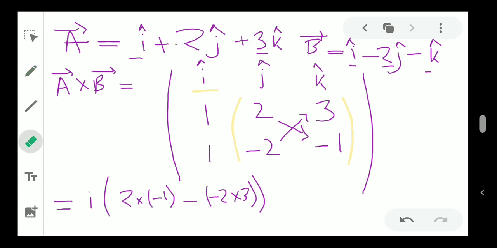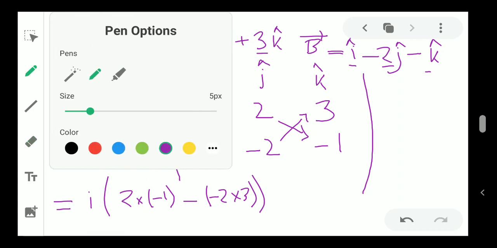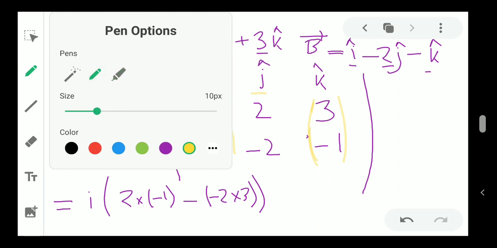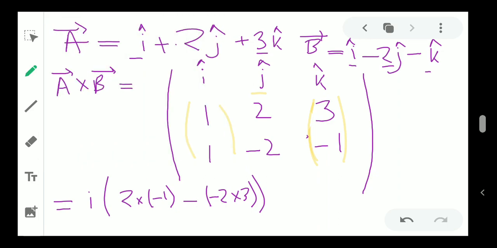The next one, now we will remove this one because my I component is done, and then again I will do J, and this time I will consider this and this. So how to do this? Let's see. This time I will write minus. The first one I have to give plus, the second one minus, in my mind, and then the next one again plus.